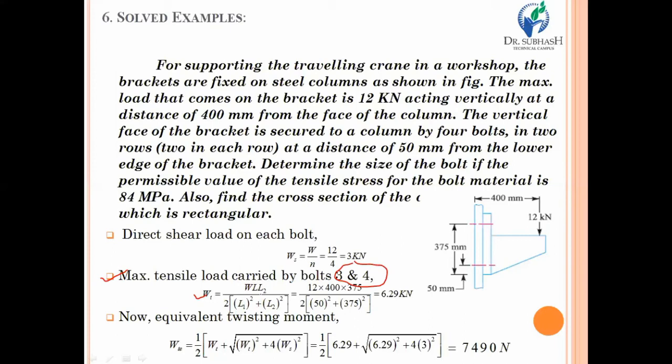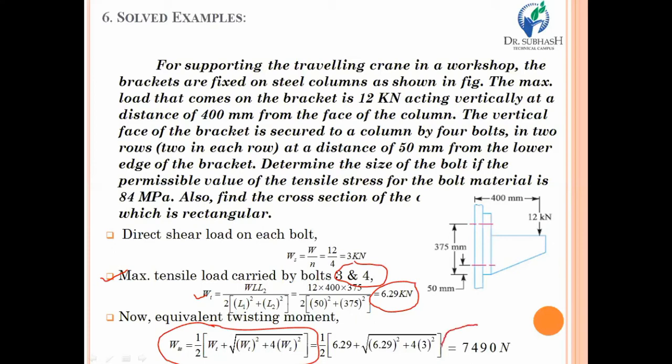So by putting the exact values over here, you will have Wt equal to 6.29 kilonewton. Now, once you have calculated both the direct shear and the maximum tensile load, you just go through the equivalent load, like WTE equal to 1 half Wt plus under root Wt square plus 4 into Ws square.